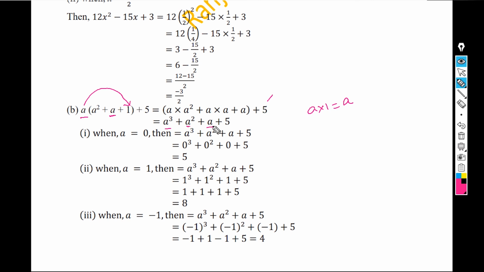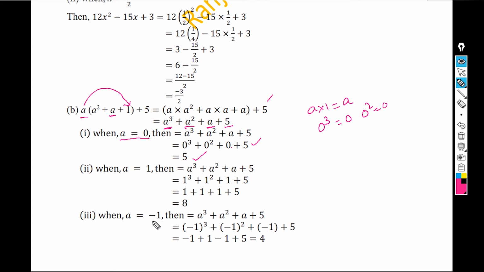Then the simplified form is a cube plus a square plus a plus 5, and when you want to put a equal to 0, as the question says you have to find the value, so instead of a put 0, and you know when it is 0 cube equal to 0 as well as 0 square equal to 0, that means 0 plus 0 plus 0 plus 5 becomes 5.